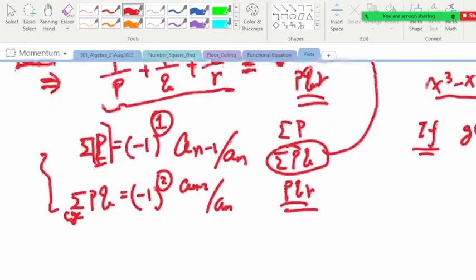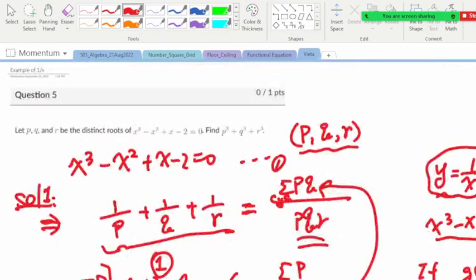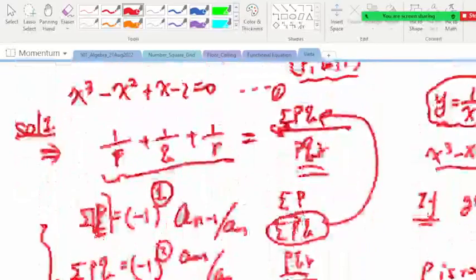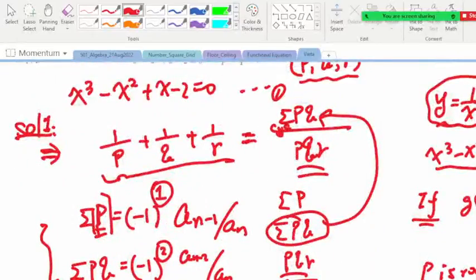Okay, so now let's see what happens. If y equals 1 over x, that means if p is the root of the polynomial of x, then 1 over p is the root of the polynomial of y.